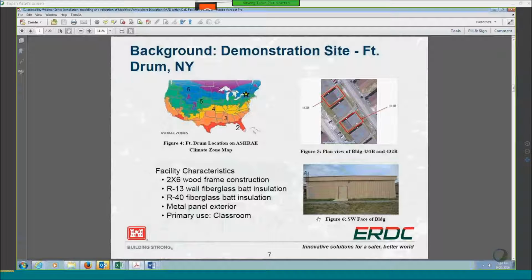There's not a whole lot of windows or doors, and so what this means is we can easily model the building, but more importantly, it's a small building, and we can control our variables relatively well compared to a larger facility. It's also a classroom space, so what that also means is we have pretty good knowledge of the occupancy. These classes are regularly scheduled. If they're not scheduled, we know we don't expect anyone to be in the building, and so that really helps us constrain and control some of our variables when it comes to the modeling aspect.